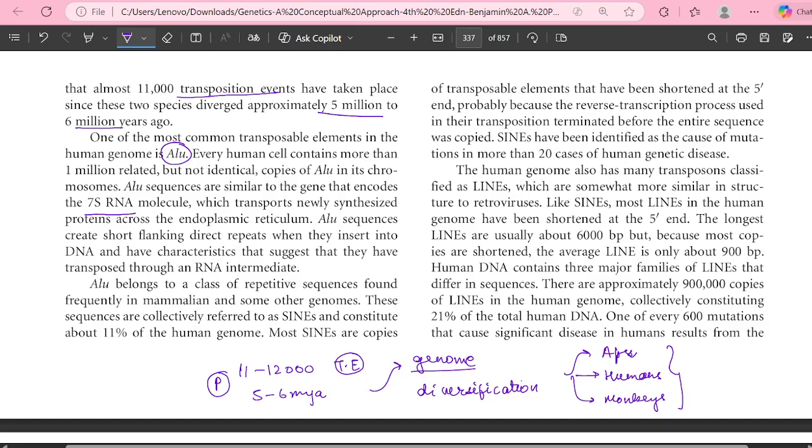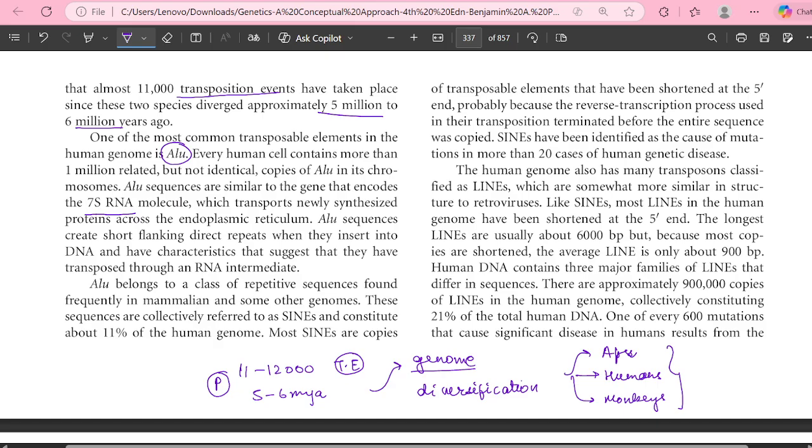This 7S RNA molecule is responsible for transporting proteins through the endoplasmic reticulum. And the genetic sequence of this 7S RNA is very much similar to ALU sequences. So somewhere more or less we can derive what ALU sequences might have played a role in. And that is up to you, and you should think about it.